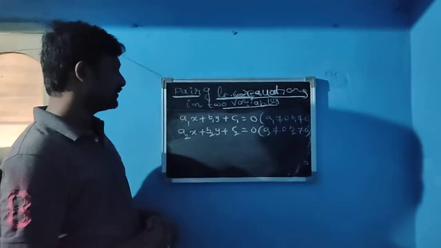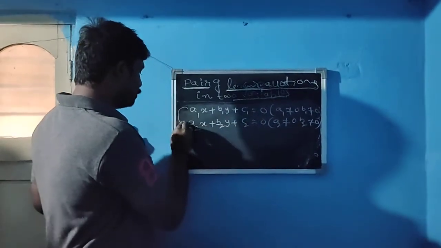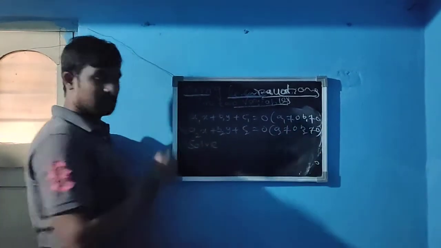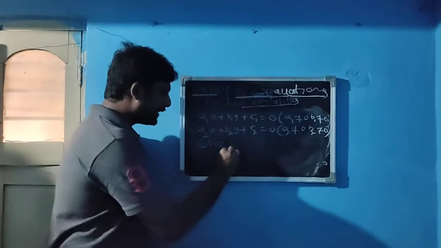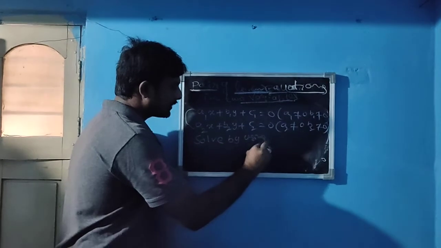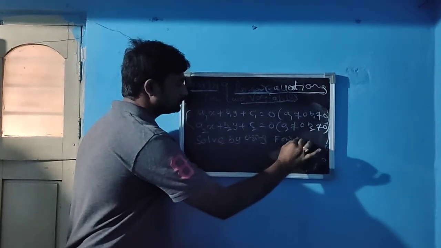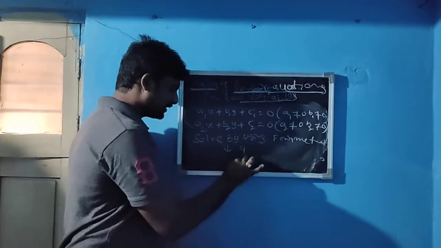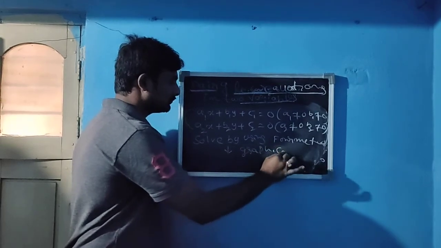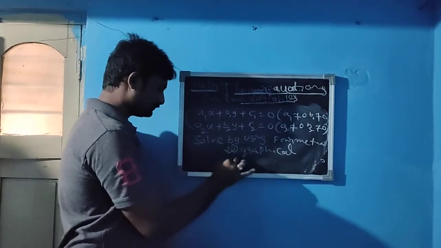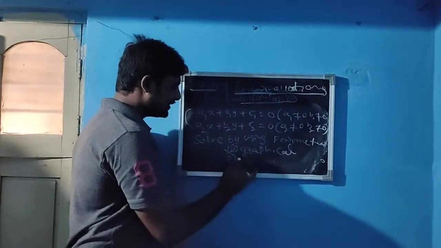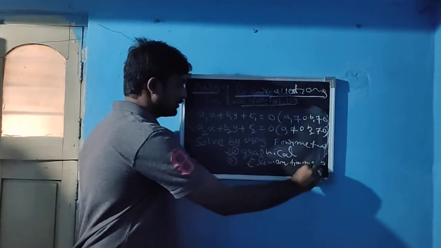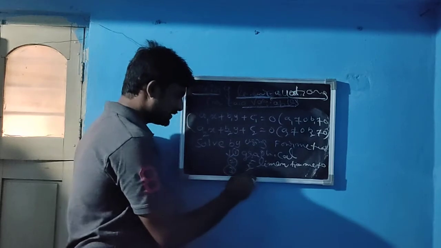In these equations, we can solve them by using four methods. The first method is called the graphical method. The second one is the elimination method. The third one is the substitution method.